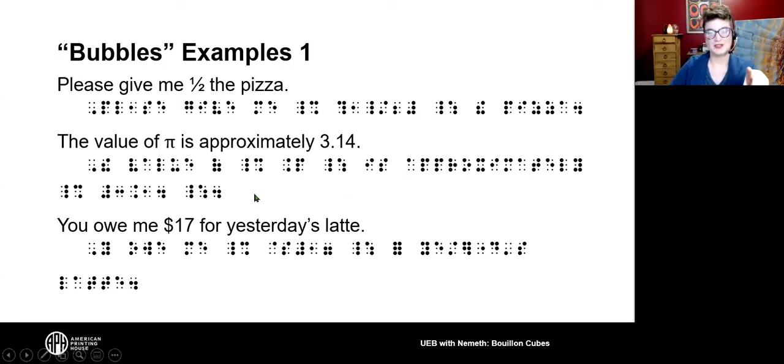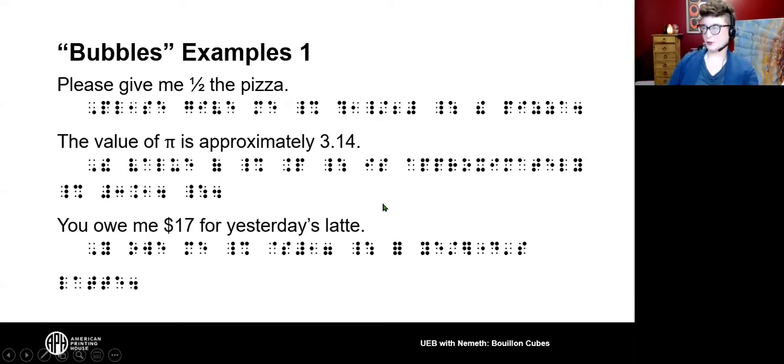In the second example here on Bubbles Examples 1, we have the sentence, the value of pi is approximately 3.14, period. And the pi has to be in Nemeth Code. All our Greek letters have to be in Nemeth Code. And then all of our decimals have to be in Nemeth Code. Between these two items that have to be in Nemeth Code, we have 2 words that are part of the sentence structure.